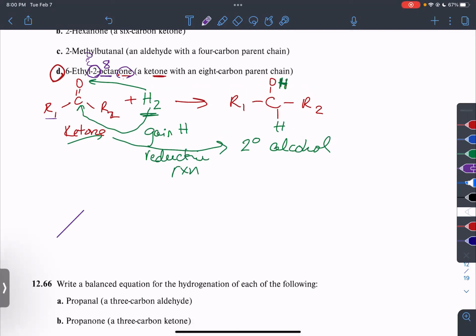So let's just draw 8 long, and I'm probably going to make this molecule way too big, but that's okay. So we got 1, 2, 3, 4, 5, 6, 7, 8. So now I have a chain that's 8 carbons long. That's a 1.